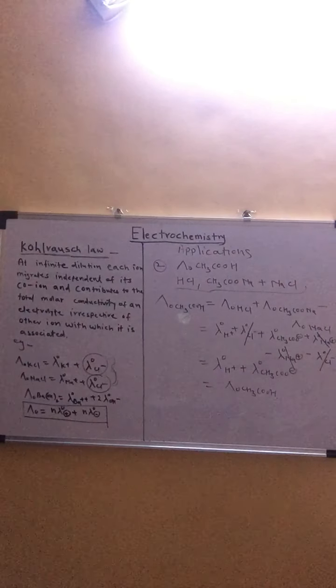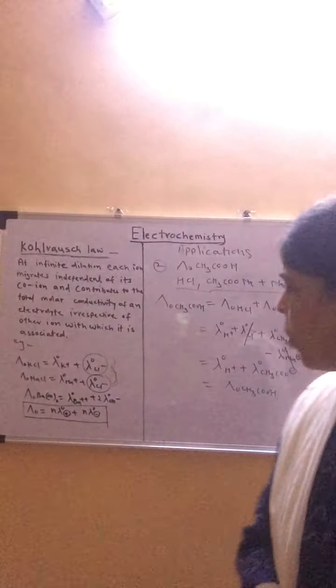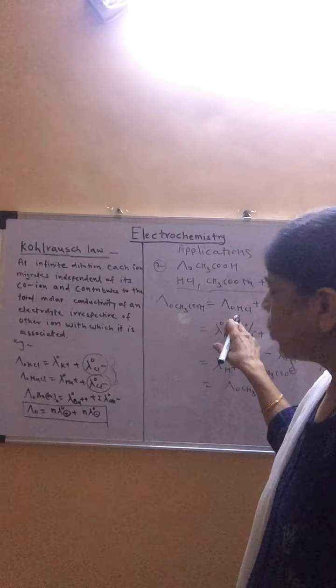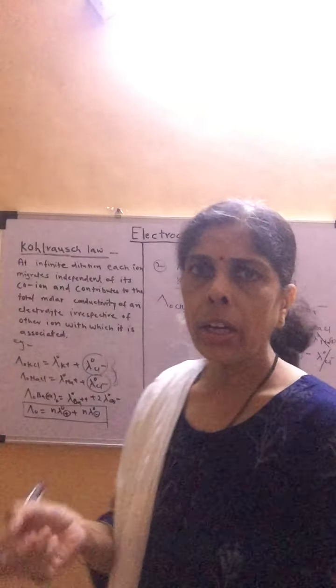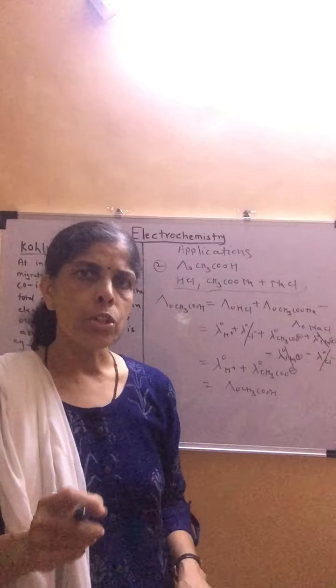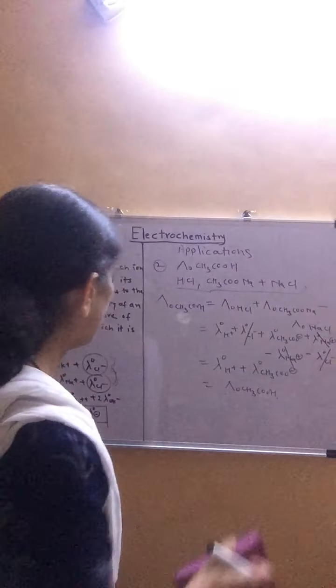So we are able to get the molar conductivity at infinite dilution for a weak electrolyte by knowing the molar conductivity at infinite dilution for strong electrolytes, which can be obtained by extrapolation method graphically. This is one of the applications of Kohlrausch's law.